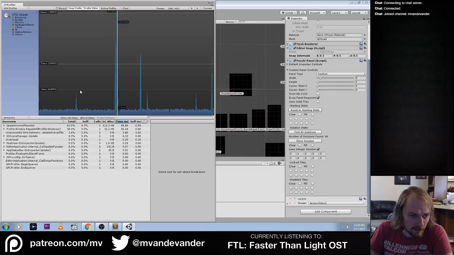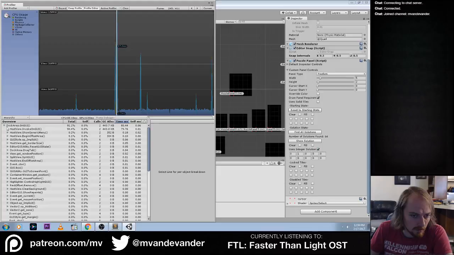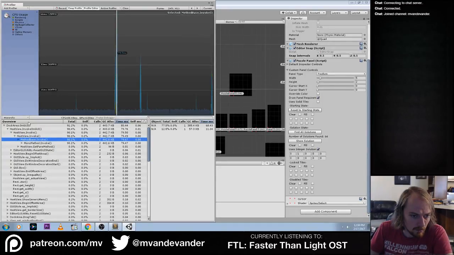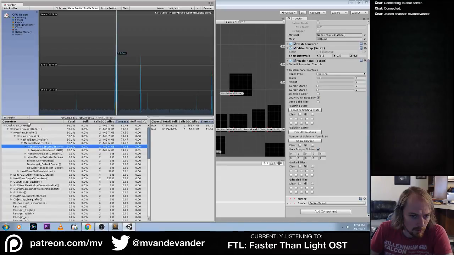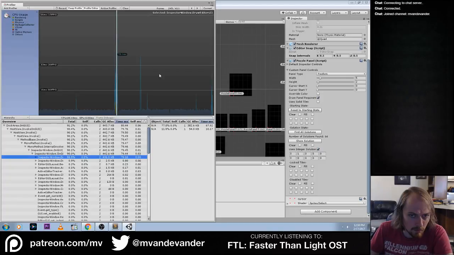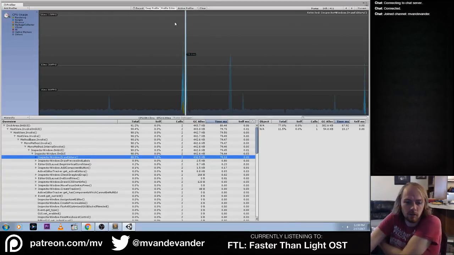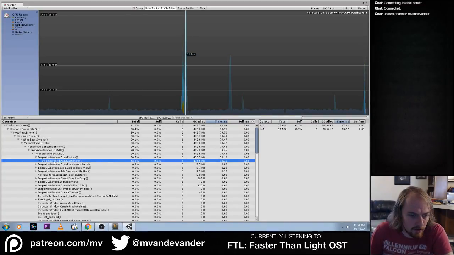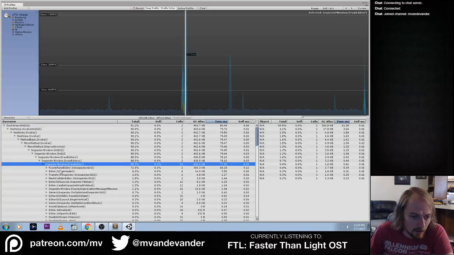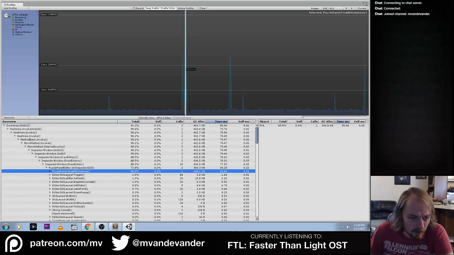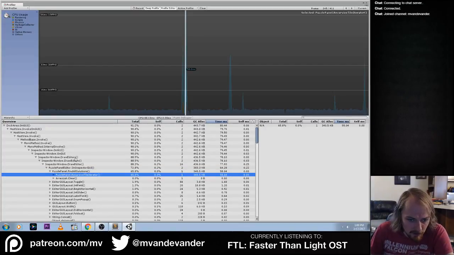I get 80 milliseconds for 2 frames. Sure, this is exciting. Draw editors, draw editors, draw editor. Okay. At least that's all of it now.